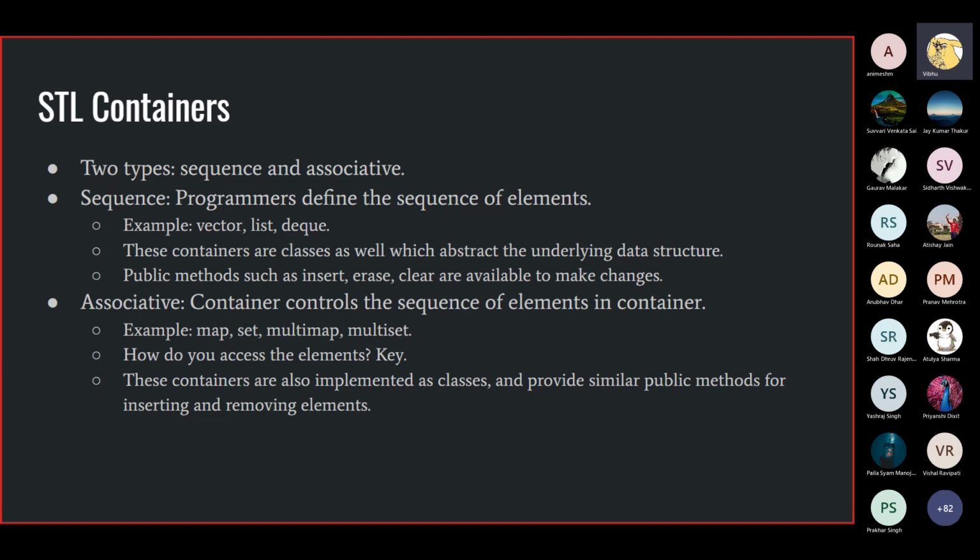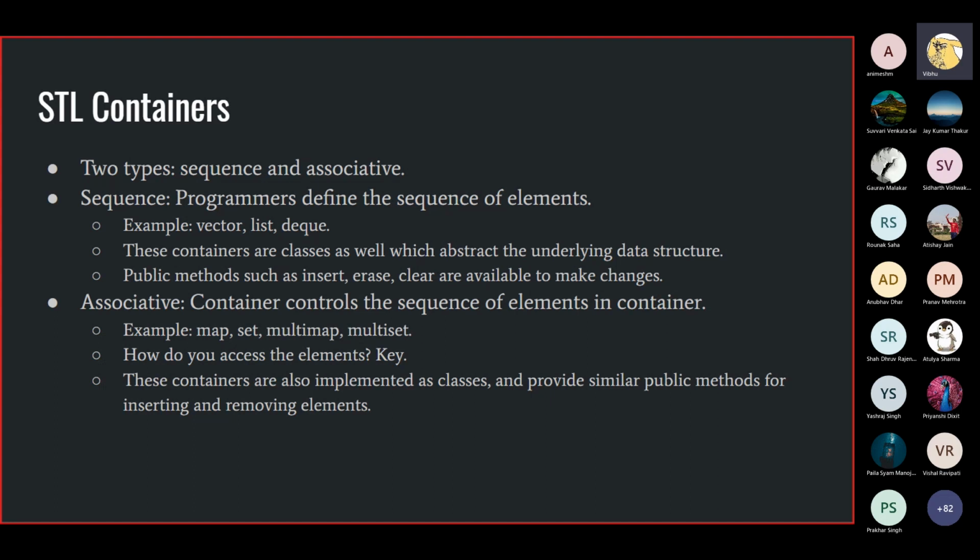Next in the line is associative containers. In sequence containers, programmers define the sequence of elements. In associative containers, the containers control the sequence of elements. Let me give you an example.